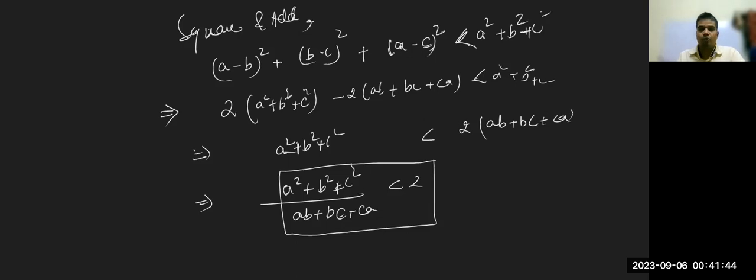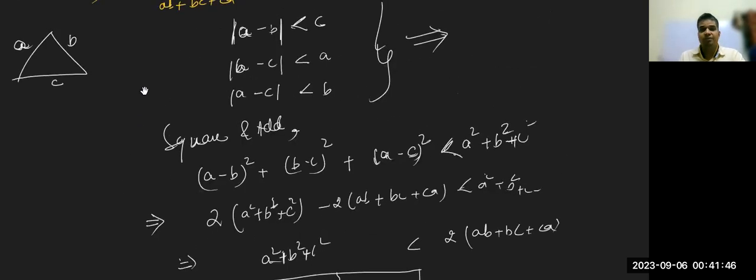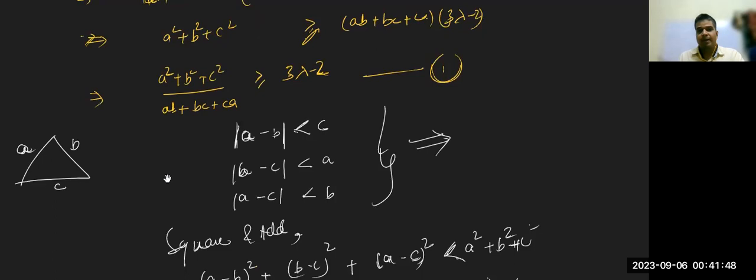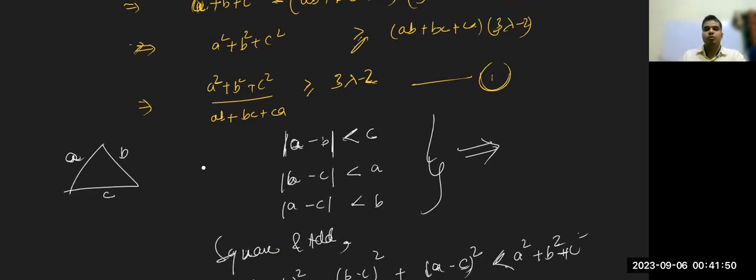So if we go to where we had reached in the first section, this ratio is always less than 2. So we can easily write it down that 2 is greater than this ratio. We have already reached this conclusion.